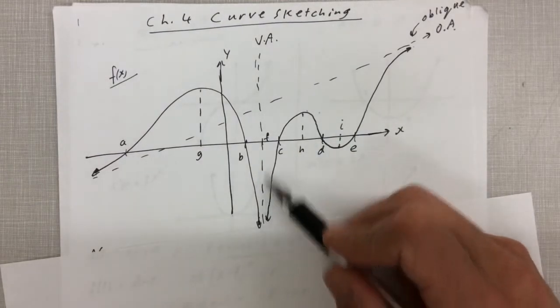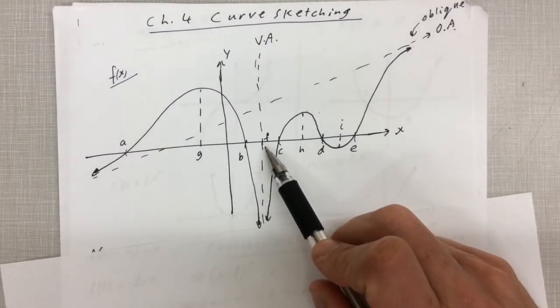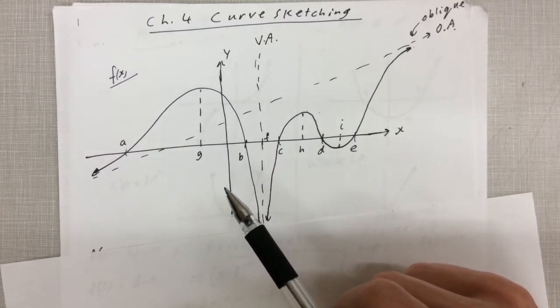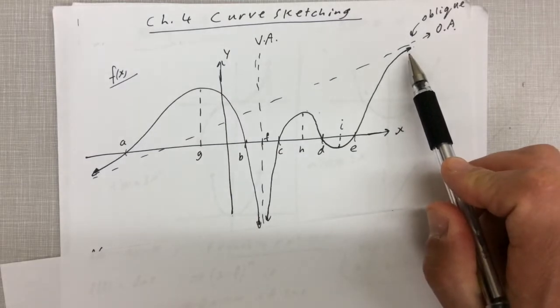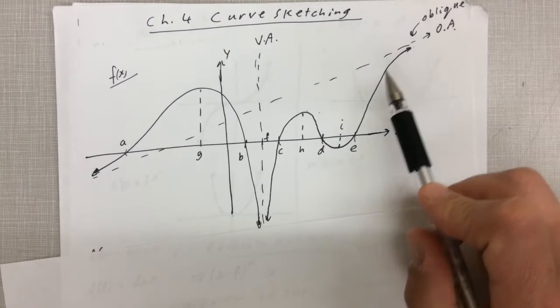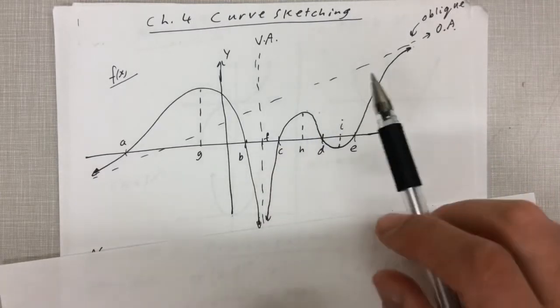Where this vertical asymptote is, the function is undefined. So it probably represents some rational function. This dotted line here represents an oblique asymptote, so a diagonal asymptote, not a horizontal one, but a diagonal one. And we'll look at how we get those.